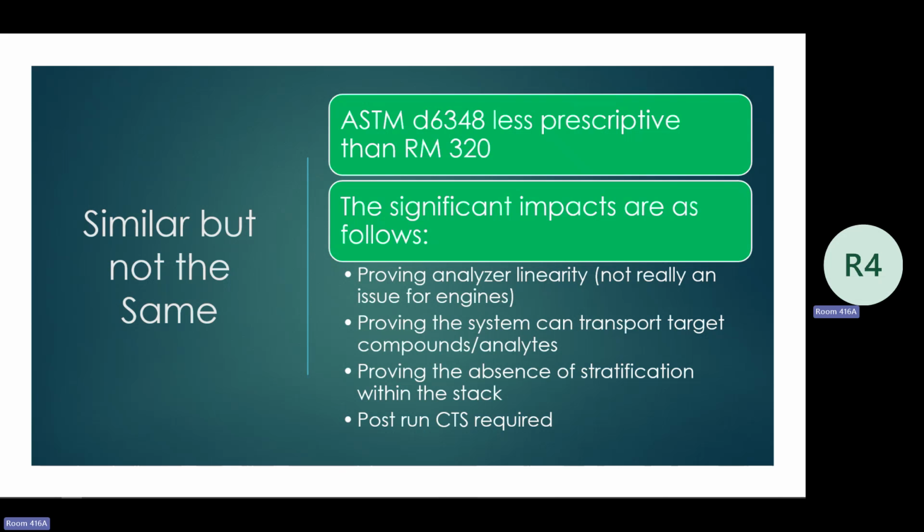EPA thought of that. And what they're proposing is when you have a source of great variability, and they define that as from one data point, one minute to the next, if there's variability of greater than 25% from one point to the next, which I guarantee you will see on a rich burn engine, the option is to bring in a second FTIR and have that FTIR recording and looking at the native concentration of the stack while you're doing spike recoveries.